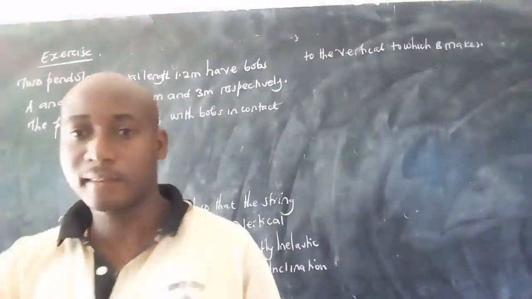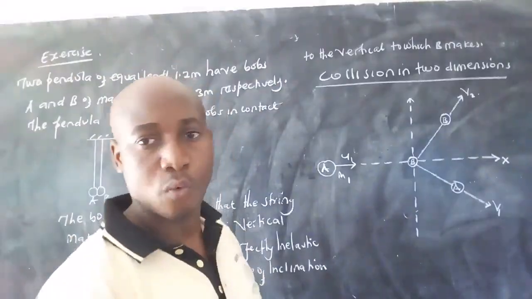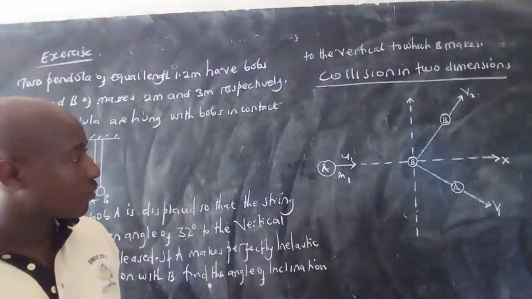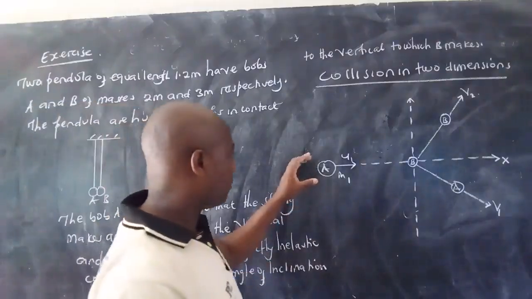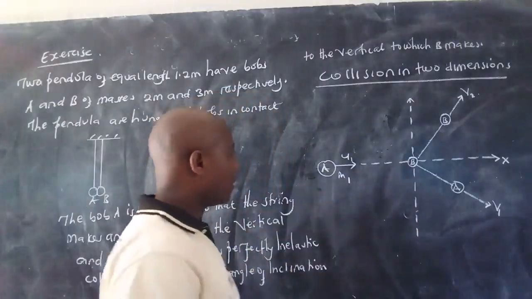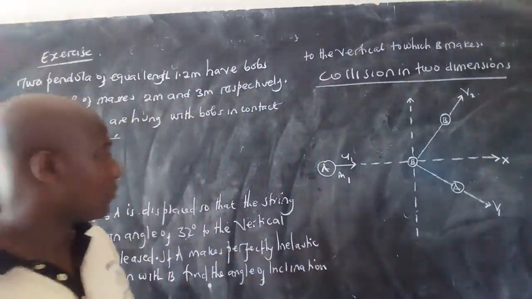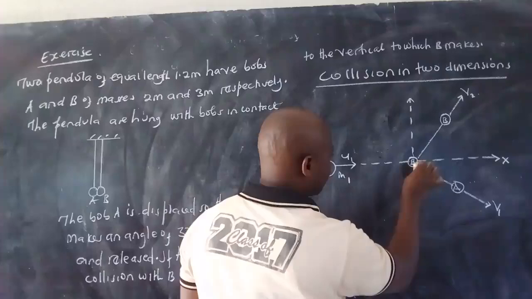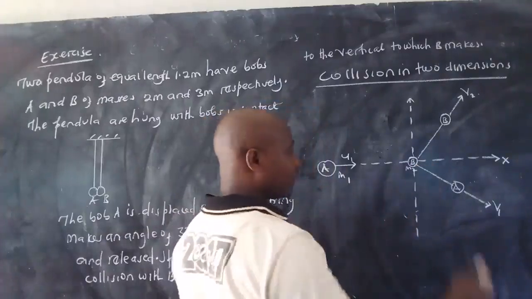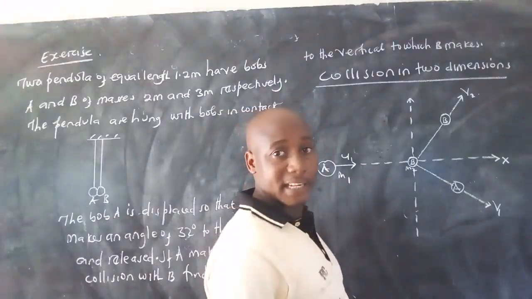So we are now looking at collision in 2 dimensions. We have a body A of mass M1 moving towards a body B of mass M2. After collision, they move with separate velocities in different directions.